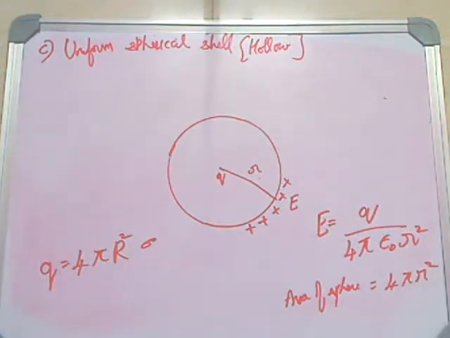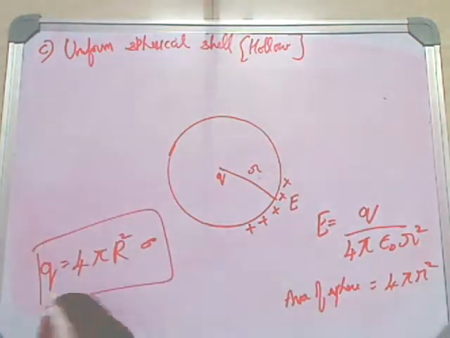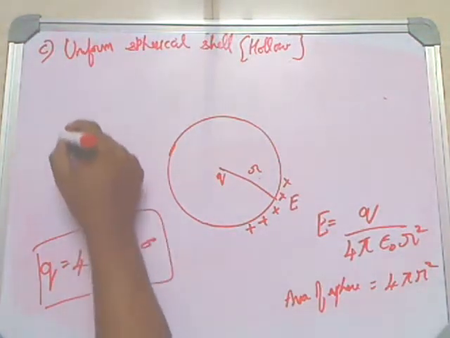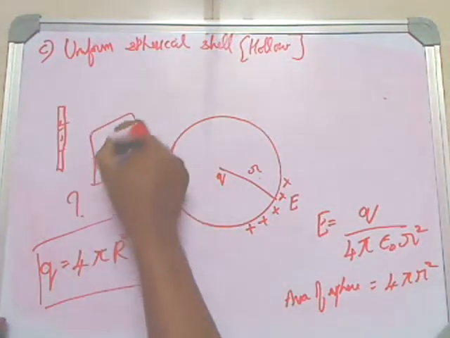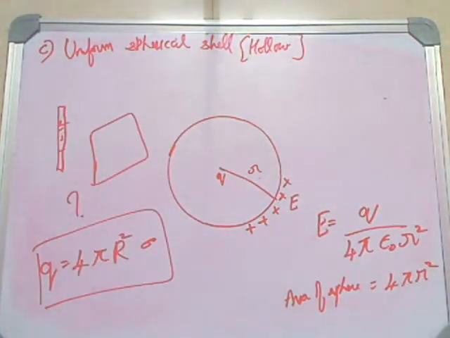Now, why is it that Q has never appeared in the previous 2 concepts? That is, why hasn't it appeared in a thin wire? Why hasn't it appeared in a plane surface? Now, consider that a sphere is finite in size.